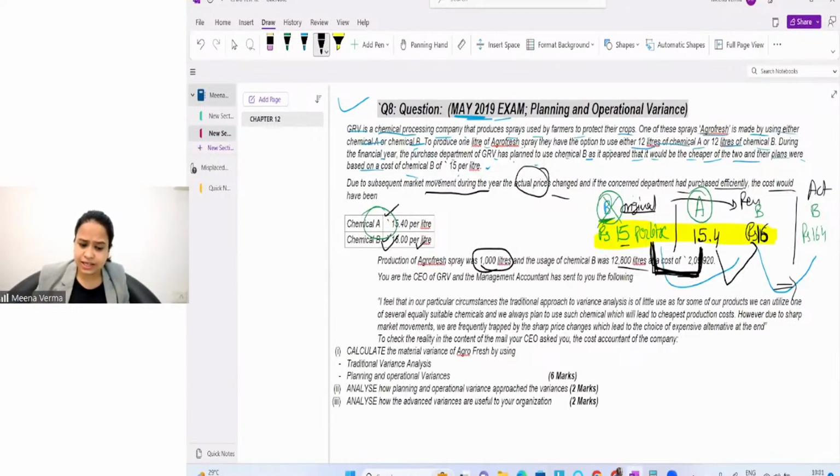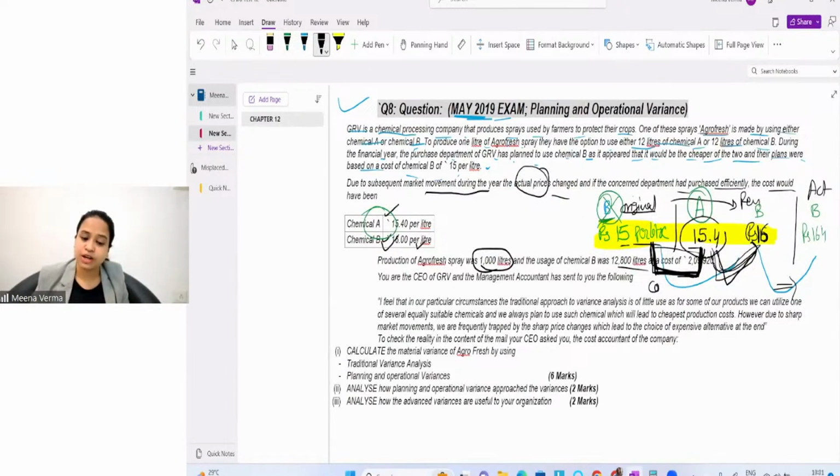This increase in price is controlled by using the alternate product. This price increase, they can control it by using the alternate product. This price change, they cannot control it, right? This is beyond control of the company.